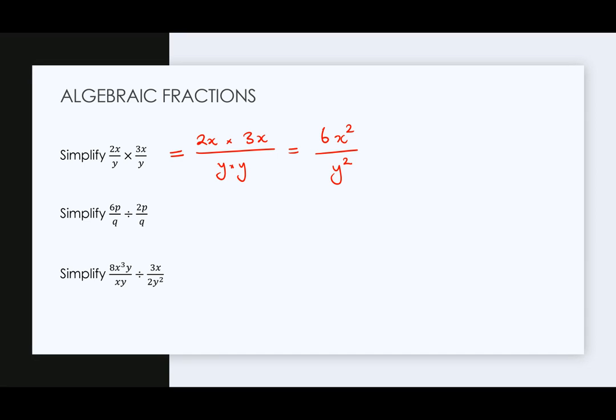With the division, we're going to flip or invert the right-hand side fraction. So that's 6p/q times q/2p. Multiplying this now gives us 6pq over 2pq.